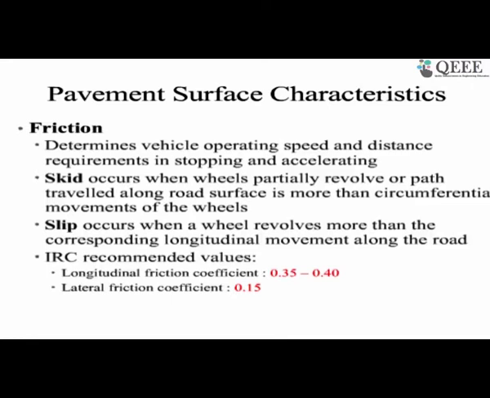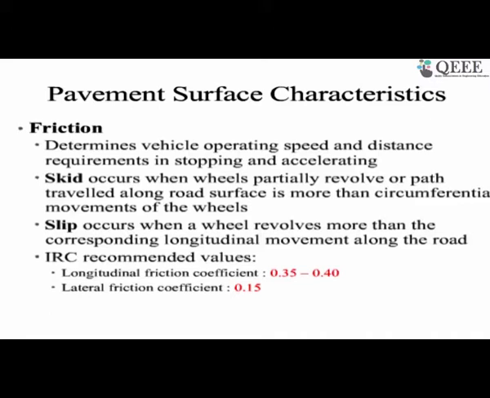So it depends on the pavement quality, or the characteristic on the top, so that we can achieve at least a 0.35 to 0.4 friction factor, or coefficient of friction. Now, if your friction is too high, it is going to affect the operating speed and the fuel consumption. If it is too low, it is not safe.